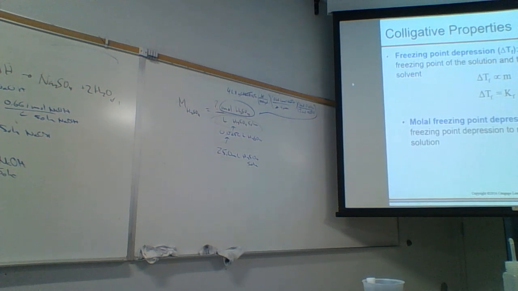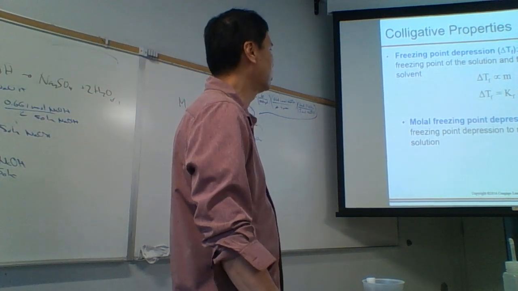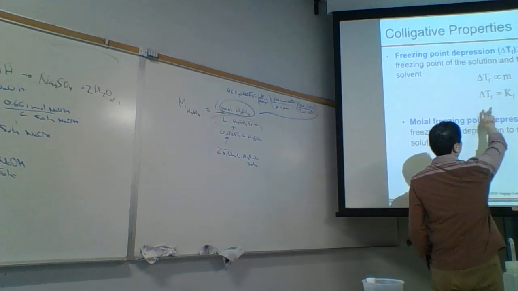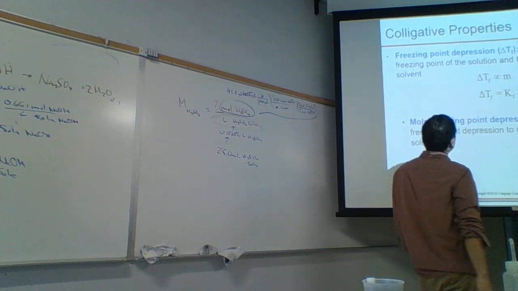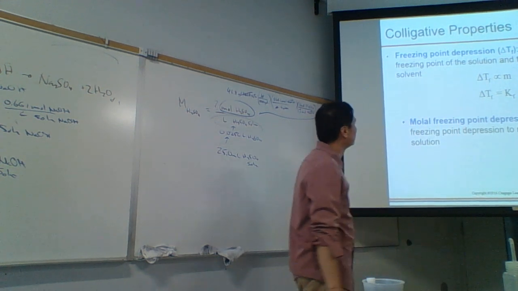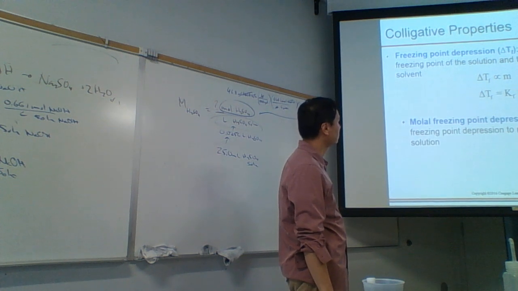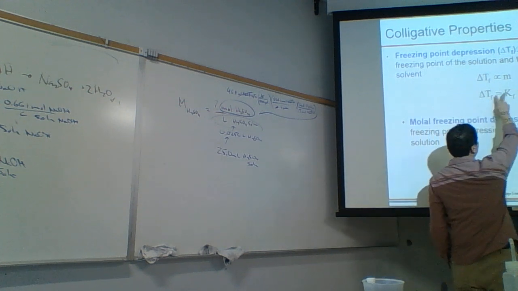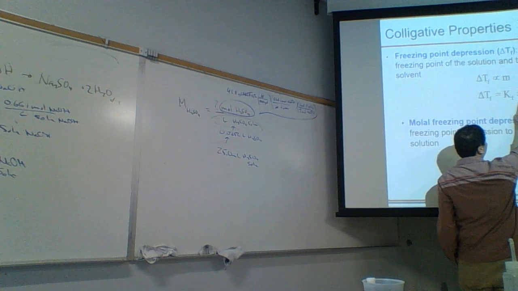We can calculate how much. For example, salt water freezes below 0. Well, how much below 0? How much below 0 is given by delta TF, the freezing point depression, how much lower it gets. Delta TF is proportional to how many molal of solute particles you have dissolved in there.